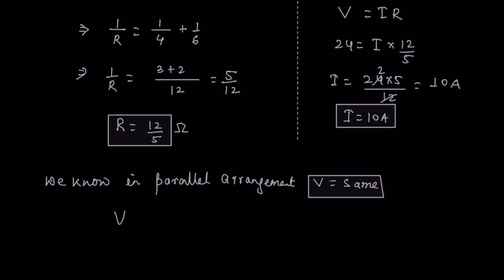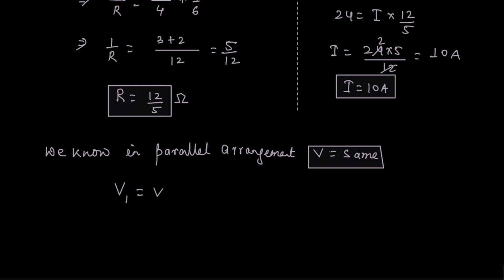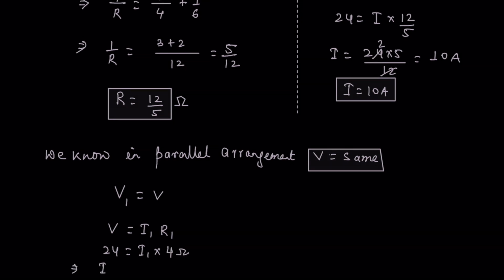So V1 is equal to V. By applying Ohm's law, V is equal to I1 into R1. V is 24, R1 is 4 ohm. So I1 is equal to 6 ampere.